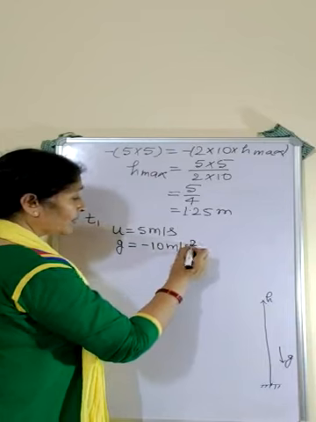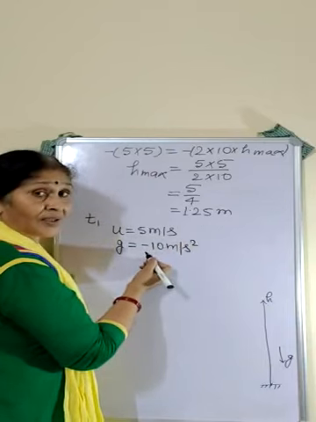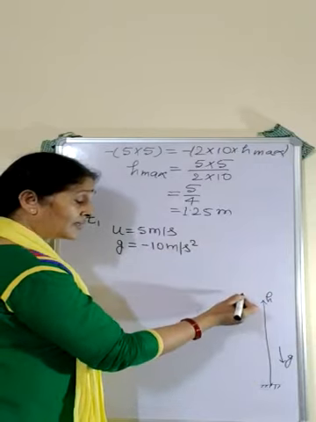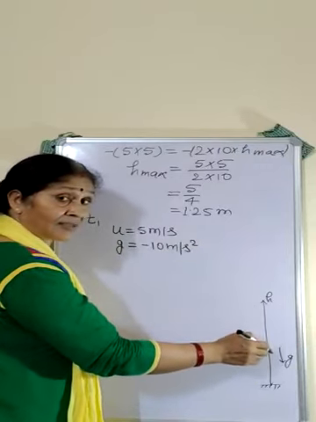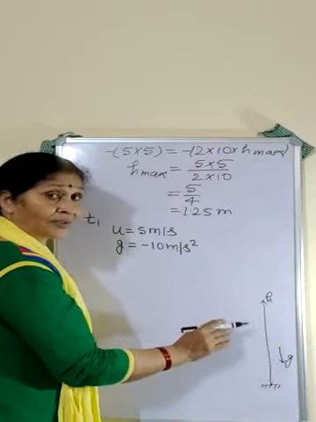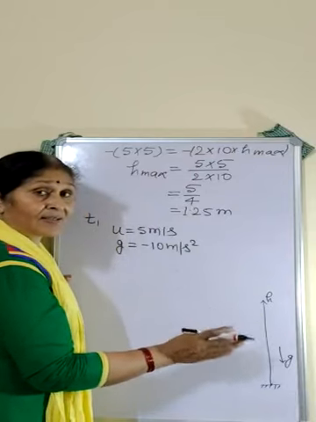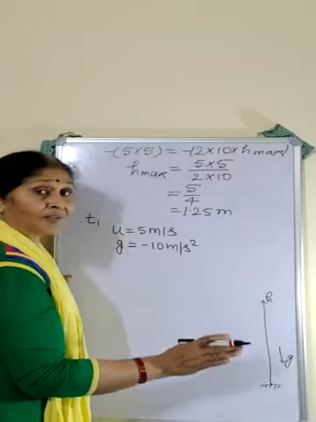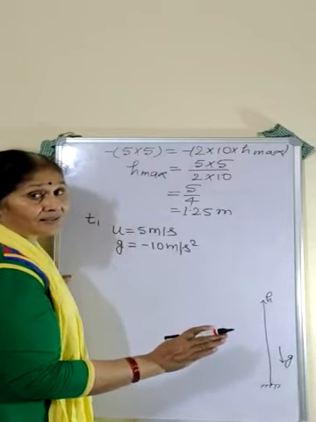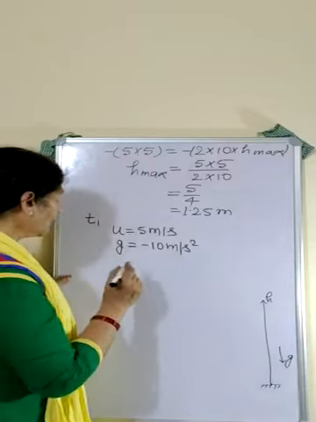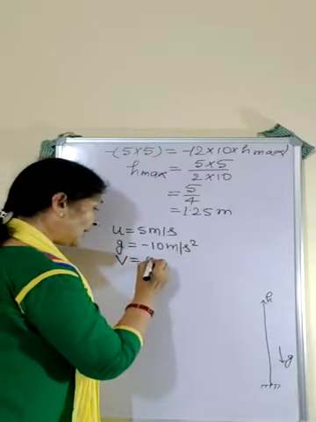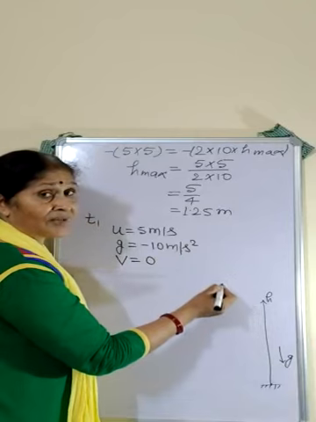We have taken the negative sign as the motion of the stone is in upward direction and acceleration is acting in downward direction. When the acceleration is in the opposite direction of the motion, we take negative acceleration. Now final velocity is 0 as the stone achieved the maximum height.